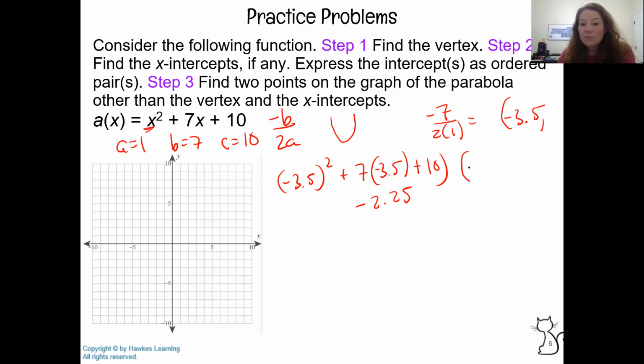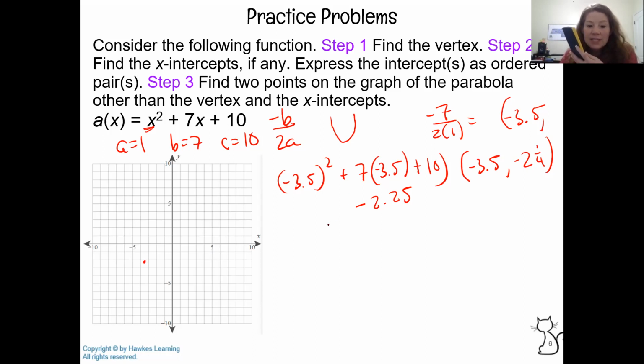So -3.5 and -2 1/4 is our vertex. So we're going to go left 1, 2, 3.5, down 1, 2 1/4, about right there. Okay, so that is our vertex.